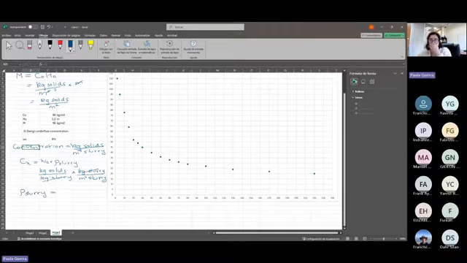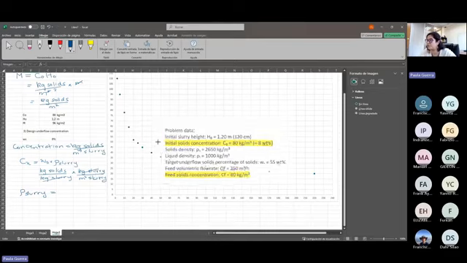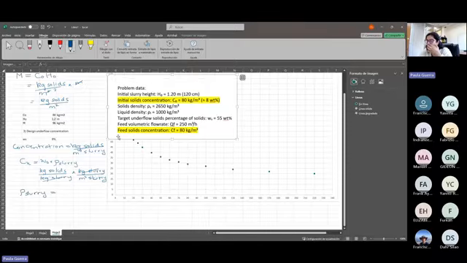And the density of the slurry, because remember that if we look at the data of the problem, I'm going to copy and paste the problem data over here so you don't have to go back to the document every second.